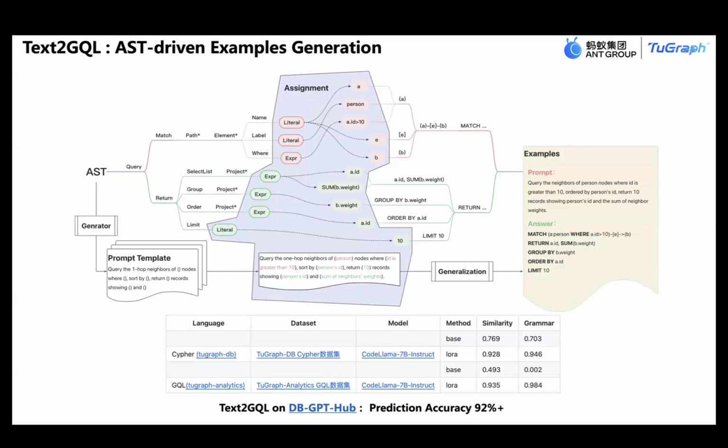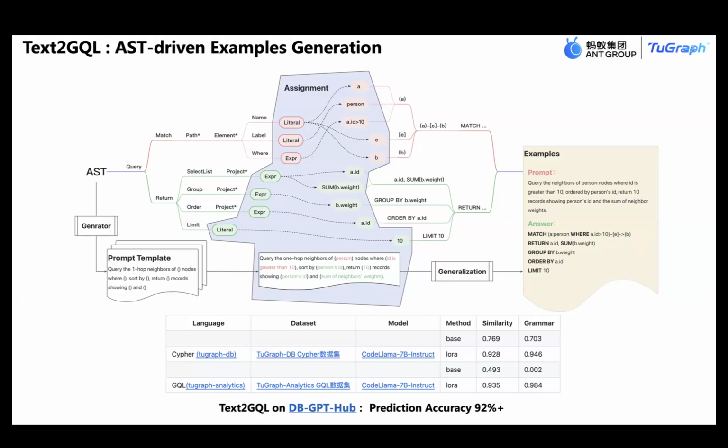And when we have the answer, but we don't have the prompt, so we use a generator to translate the AST to a prompt template, including many slots.